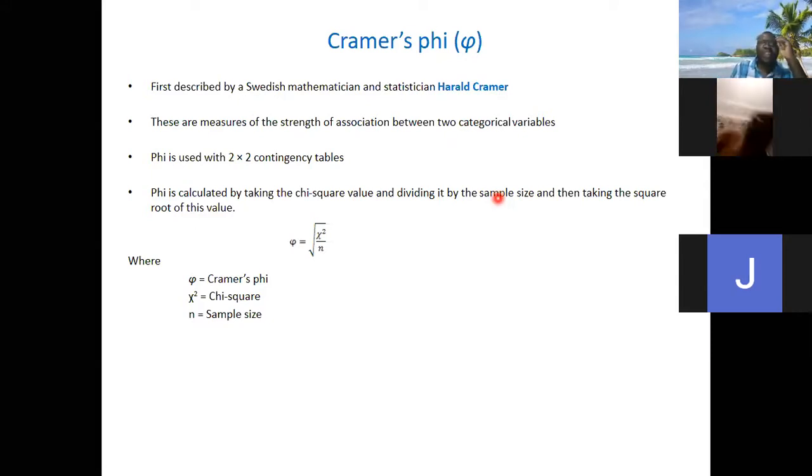It was first described by a Swedish mathematician and statistician, Harald Cramer. That's why it is named after him. These are measures of strength of association between two categorical variables.